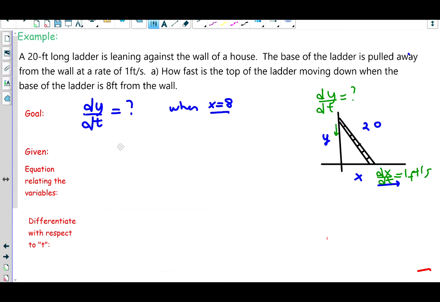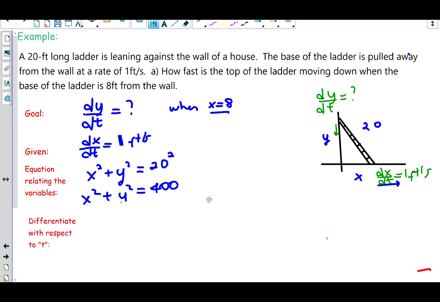What is given? dx dt is 1. That's one of the given quantities. And an equation that relates the variables. At any given moment as it's sliding, we're going to have a right triangle situation. And therefore, we can say x squared plus y squared equals 20 squared, or 400.